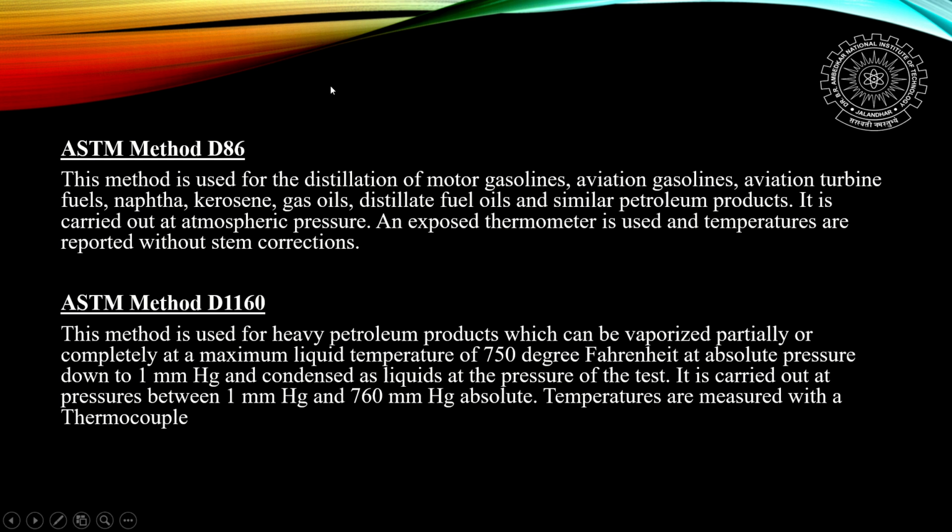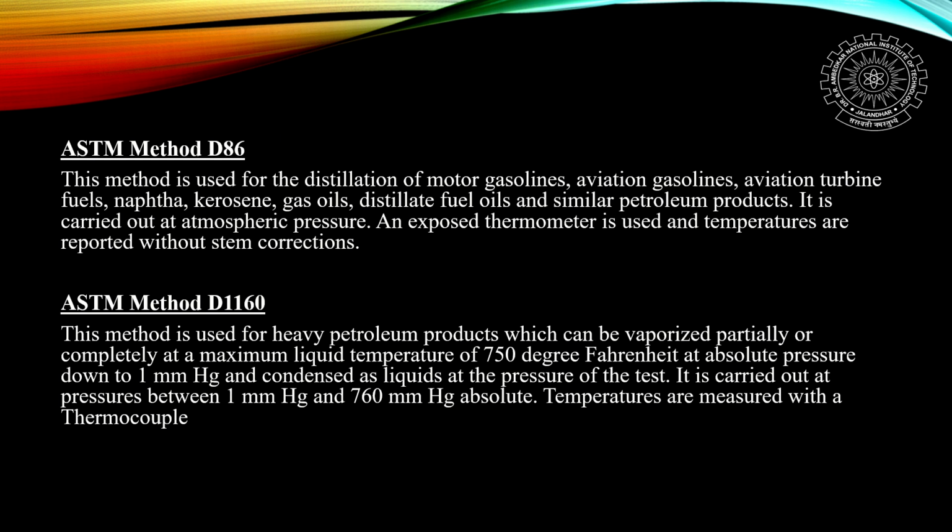So it is atmospheric distillation, and ASTM method D1160 is vacuum distillation. Since D86 is atmospheric distillation, the pressure will be atmospheric pressure, and D1160 is vacuum distillation, so the pressure will be vacuum. Okay, it means less than 1 atm.